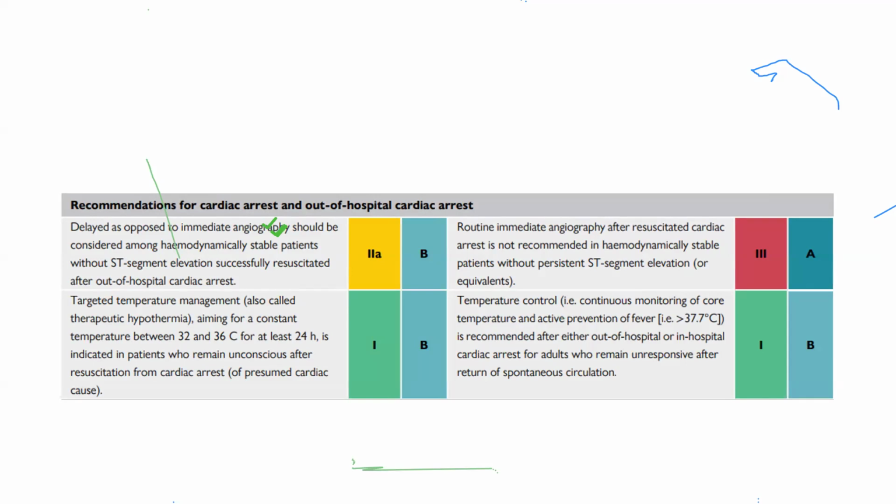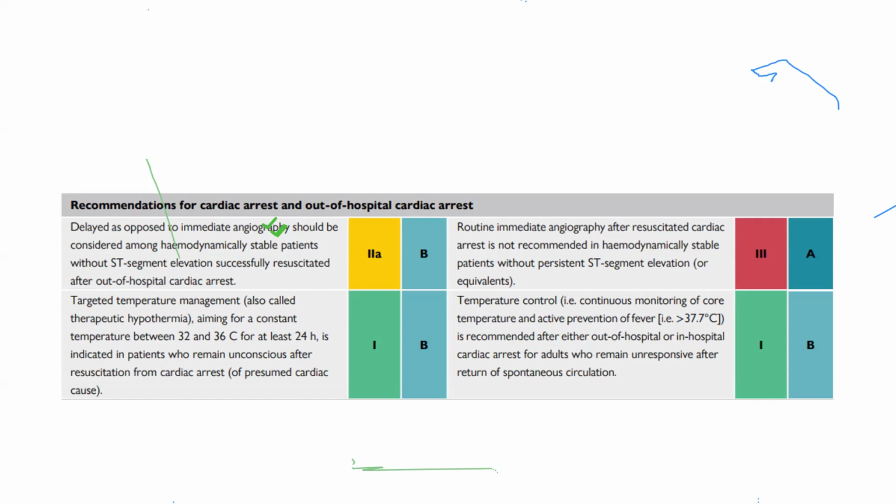So if a patient had a cardiac arrest and ROSC, you run an ECG and you saw ST changes, but not ST elevation, it was a recommendation to consider coronary angiography with possible PCI. However, now that is not recommended if there's no ST elevation. Coronary angiogram is not routine post cardiac arrest in the absence of persistent ST elevation.